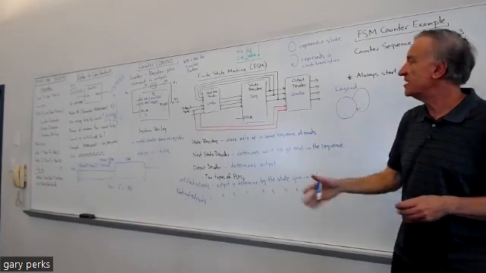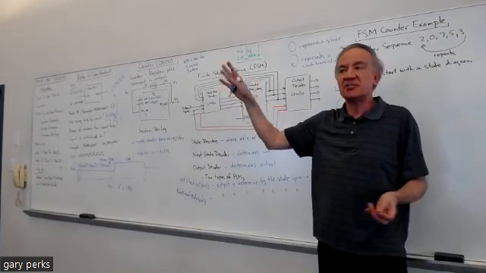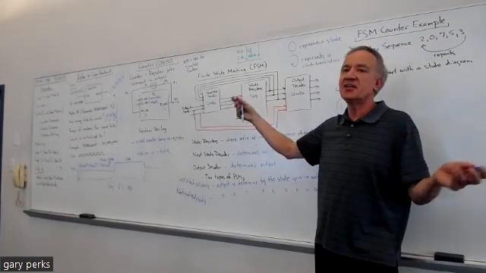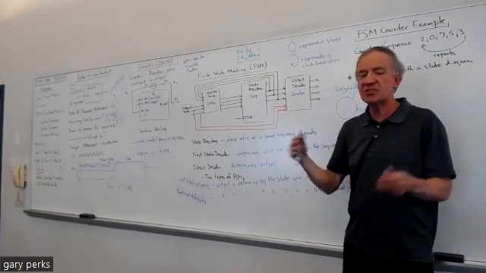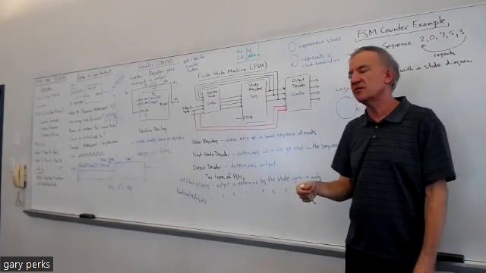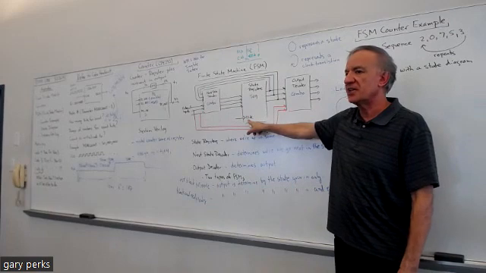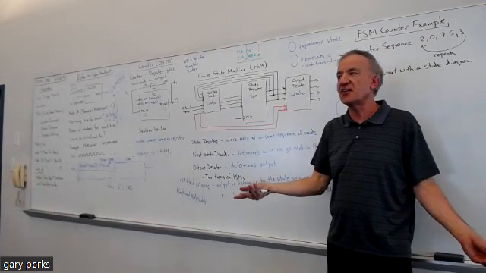If it's a rising edge FSM, then the arrow represents a 0 to 1 transition of the clock. If it's a falling edge FSM, well, the arrow represents a 1 to 0 transition. Okay, so it shouldn't be a surprise that FSMs can either be falling edge or rising edge, because it has a sequential component to it that has a clock, right? And everything that has a clock, it's either got to be rising edge or falling edge.